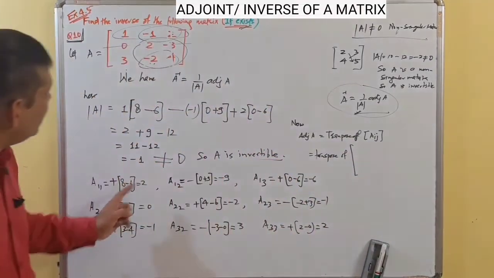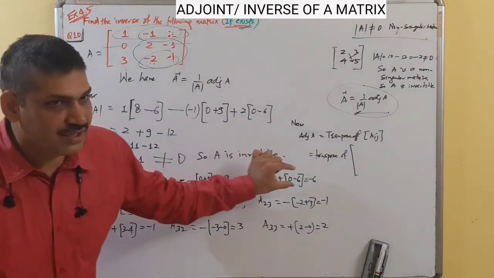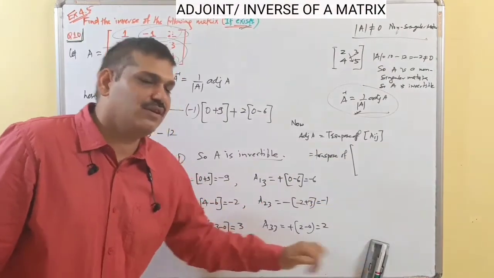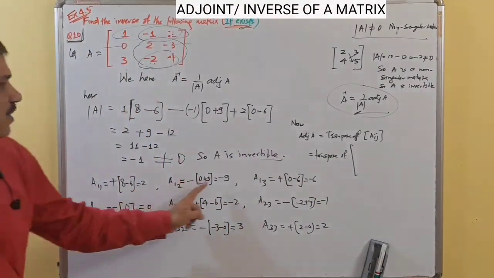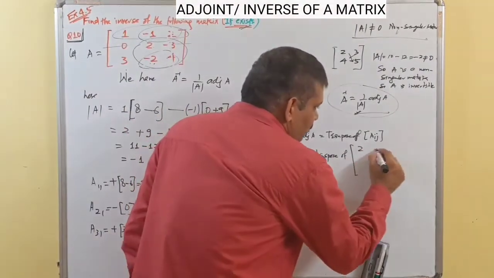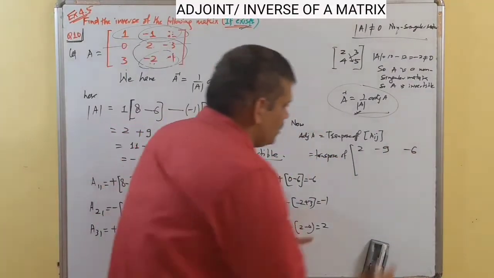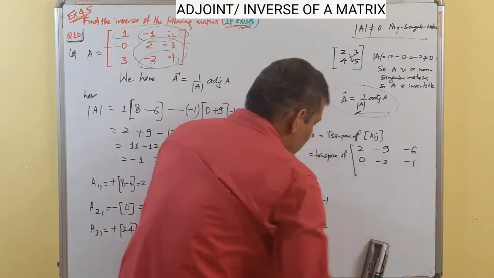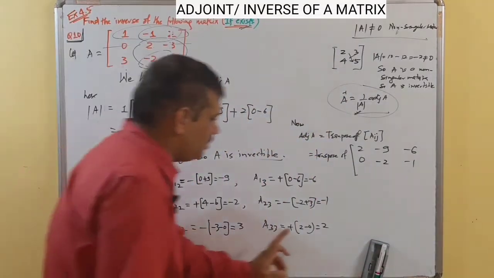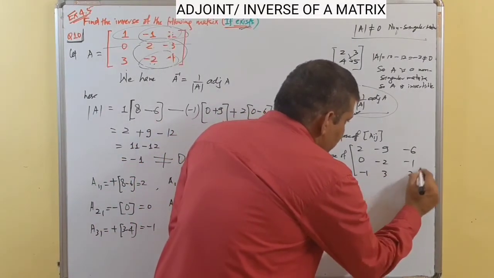We'll write the cofactor in the same order, A11, 12, 13, and then in the next step we'll take the transpose. So 2 minus 9 minus 6. 0 minus 2 minus 1. Minus 1 3 2.